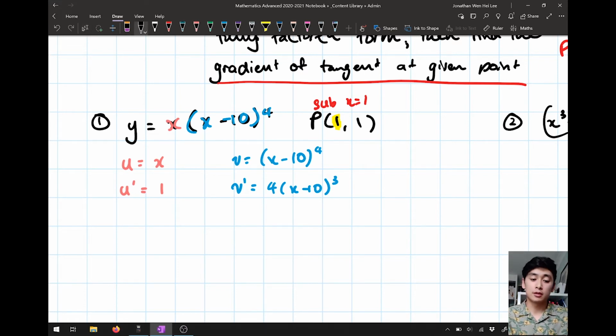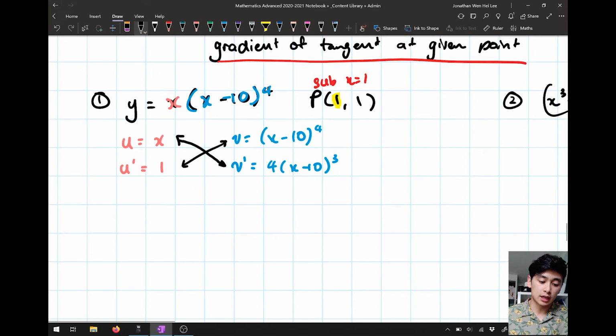Now in class when we went through this method, what we did was we drew arrows between the opposing functions, so the original function and the derivative of the other one. And so this tells me that I need to multiply those two together. So here, when I want to find the derivative, I'm just going to write dy on dx is equal to, I'm just going to use the rule that we have identified. So I'm going to connect u and v dash.